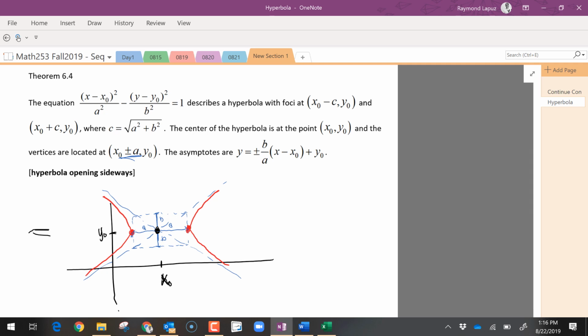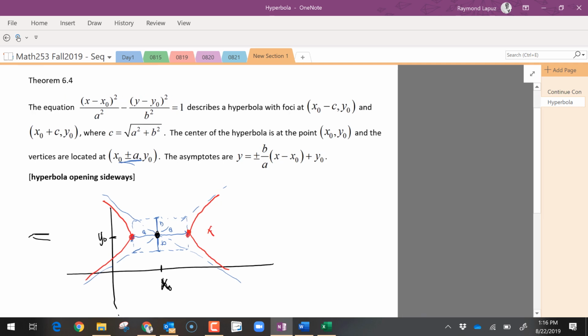Okay. Some computation will lead us to the C. C would be from X naught, from the center point, and then you go C units to the left and to the right. And the C units, remember, it's the square root of A squared plus B squared. So it's going to end up somewhere on the other side, on the focal points of the hyperbola.